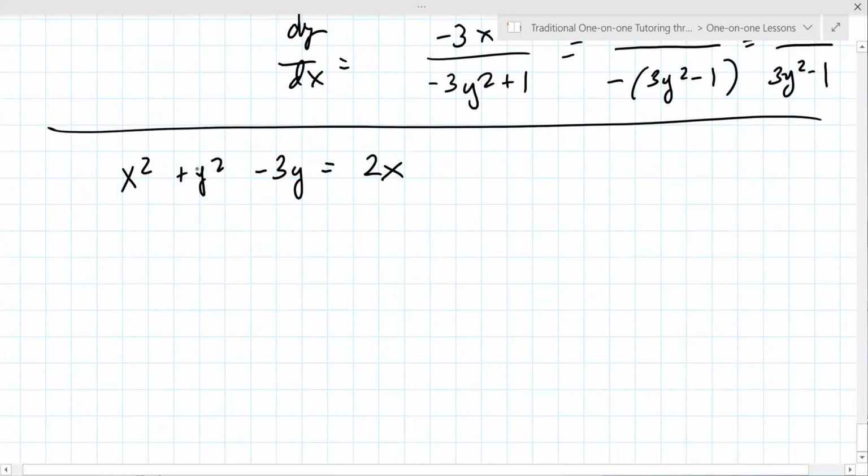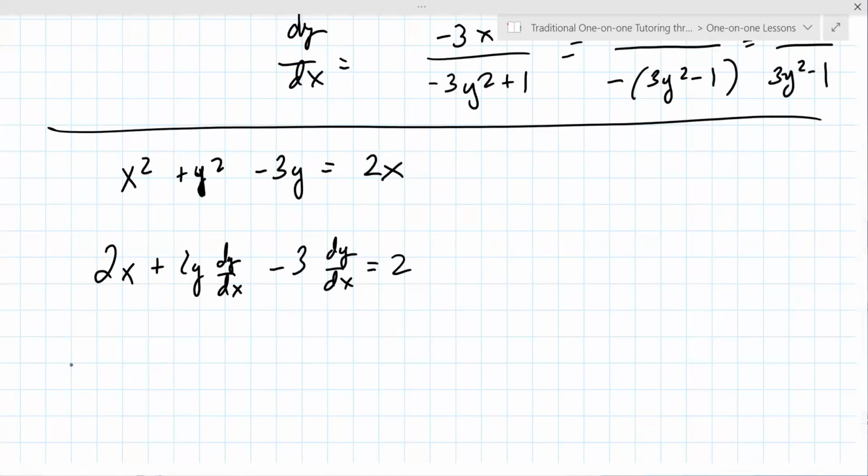So it'd be 2x plus 2y times dy dx minus 3 dy dx equals 2. If this was 2y, it would be 2 dy dx, right? It doesn't matter whether it's on the left or the right. Even for a negative 3y, you'd still pair that with a dy dx. Anytime you see a y? Yes.